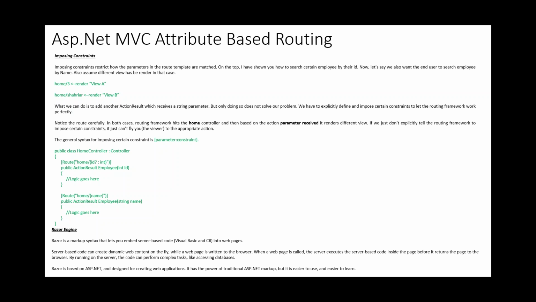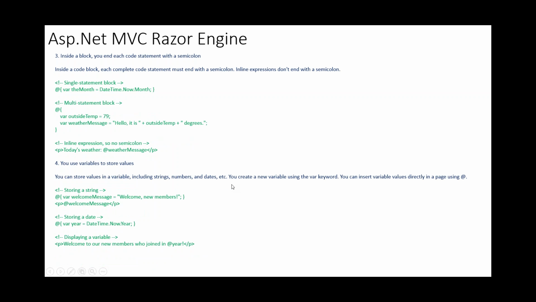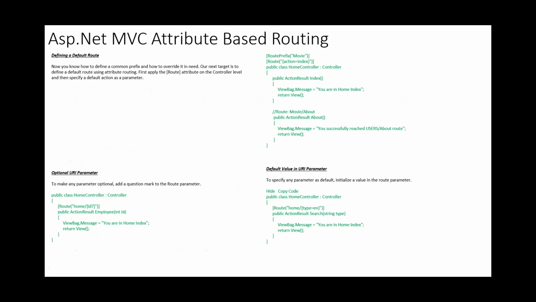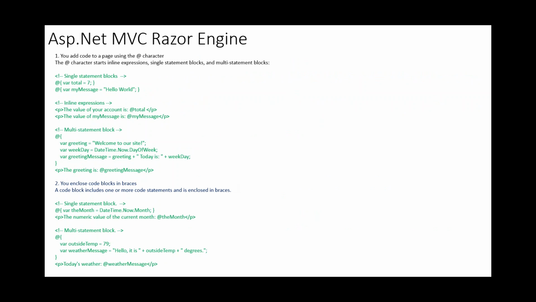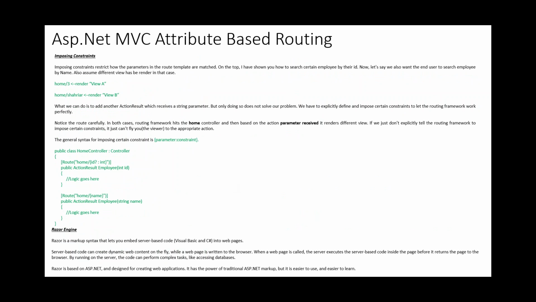You can write your C sharp code in a CSHTML page using this Razor engine, and it will be processed and gives you good control of your views. That's the Razor engine. The main things we covered almost. This Razor engine is another part that we will start tomorrow.